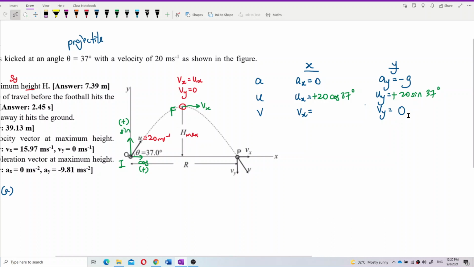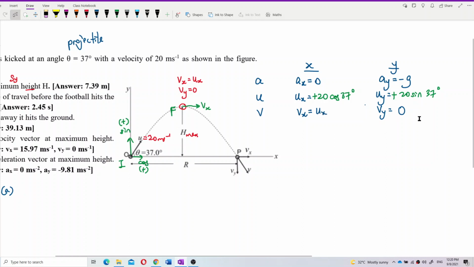Vx equals Ux because x is a constant velocity.